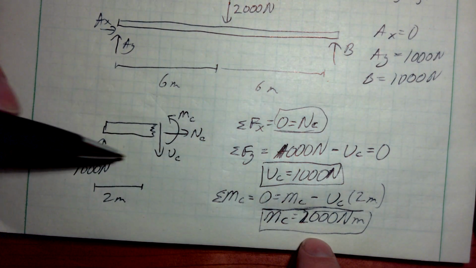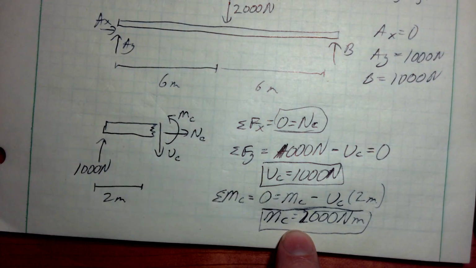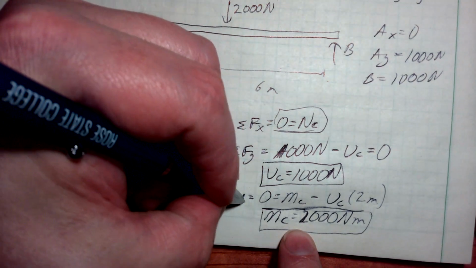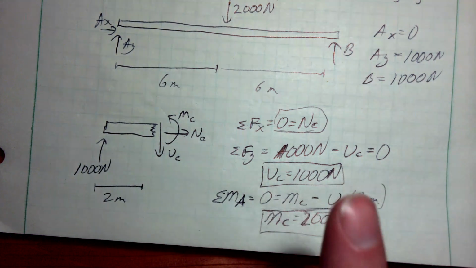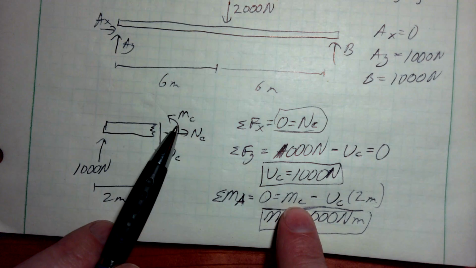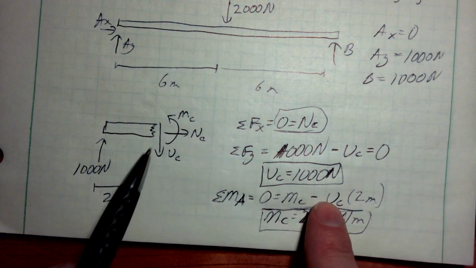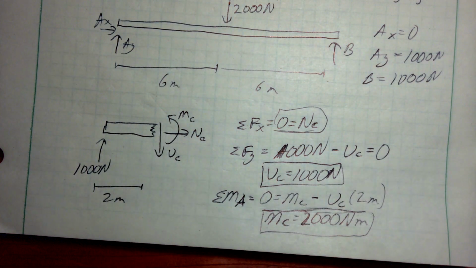And to counteract this one, bending moment: sum of moments about, and I should say point A, I didn't take moments about point C. Sum of moments about point A should add up to be 0. You've got your bending moment here, I've drawn it positive, minus this shear force going down at a distance of 2 meters.